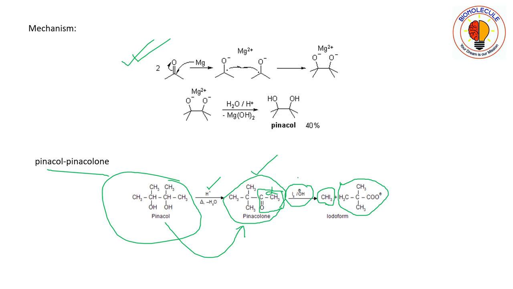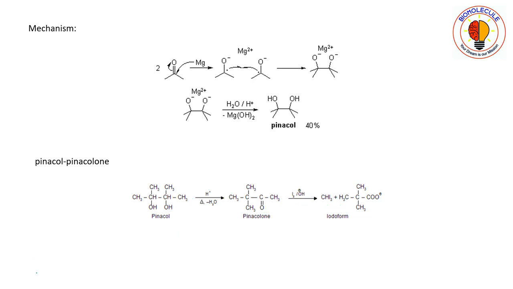That is, this pinacolone can undergo iodoform reaction or haloform reaction as it has one ketomethyl group. This is particularly for this example. I am not saying that if there is a pinacolone molecule, it will always undergo this haloform reaction. It is not like that. In this particular example, this ketomethyl group is present, so it undergoes iodoform reaction.